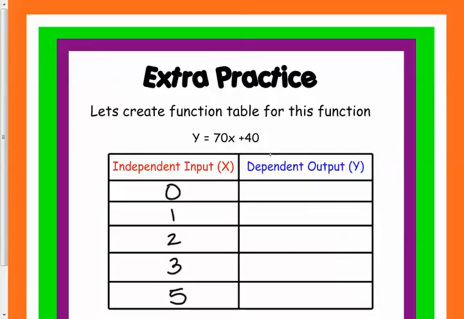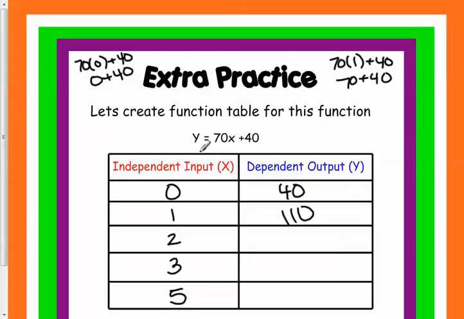Okay, have your red pen handy and check your work. So on the first one, 70 times 0 is 0, plus 40 is 40. 70 times 1 is 70, plus 40 is 110. 70 times 2 is 140, plus 40 is 180.